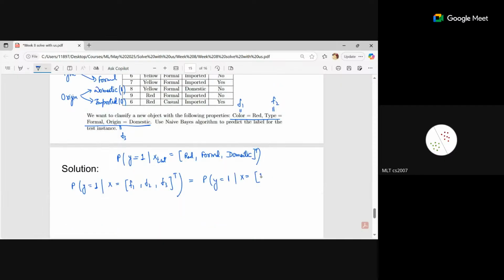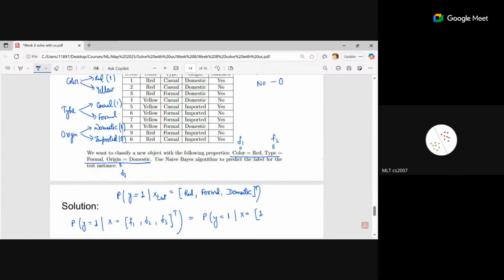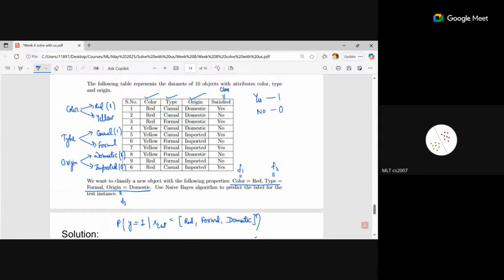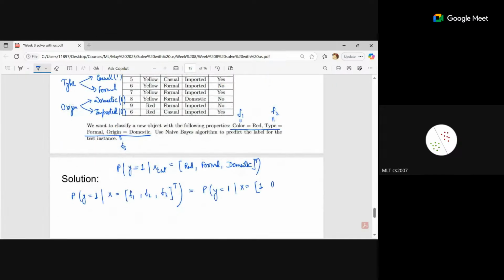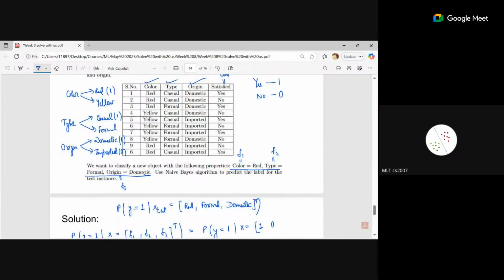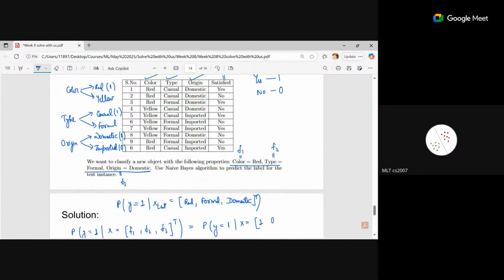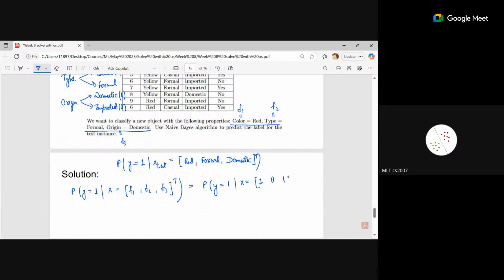F2 is for type, which should be formal, coded as 0. F3 is origin, which should be domestic, coded as 1. So this is what you have to find out, right?